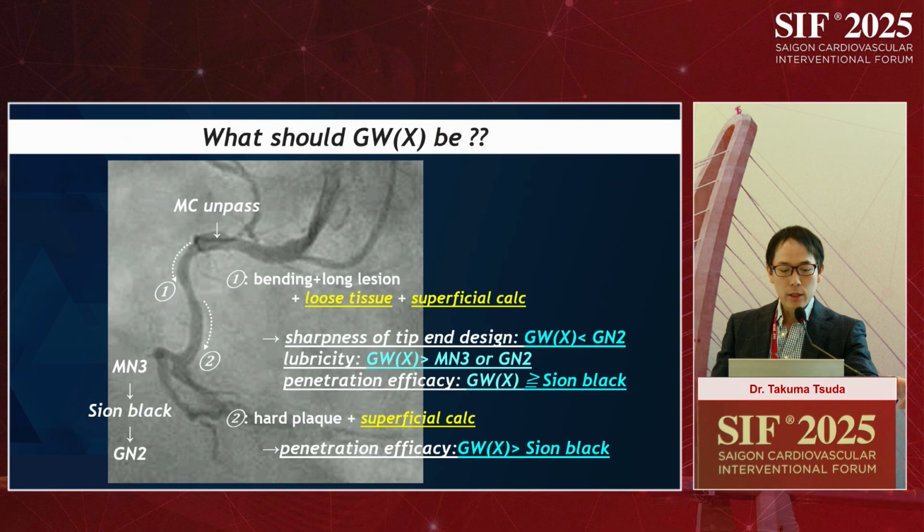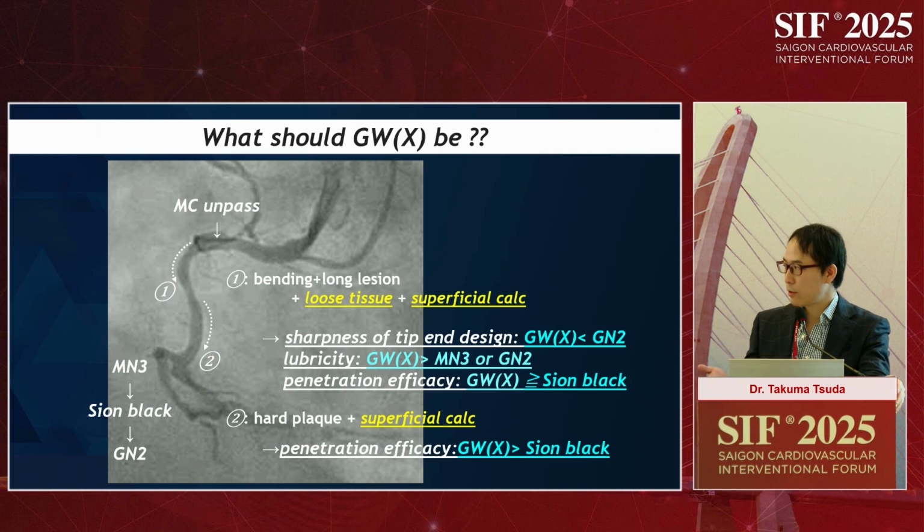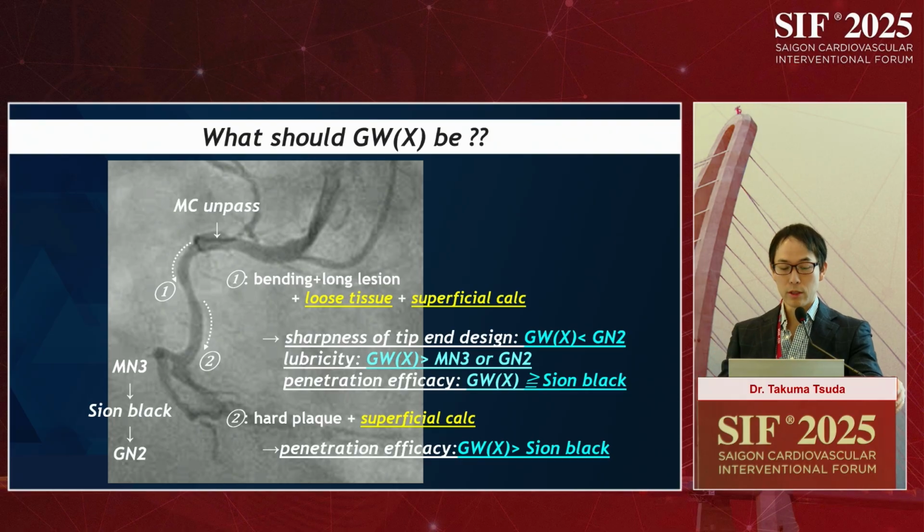So in this case, we assess that this CTO is separated into number one and number two. Number one maybe has loose tissue, because the guide wire Suoh could pass. The wire could go inside the CTO. So that's why this one has loose tissue, like a thrombotic plug or something, a very soft plug.